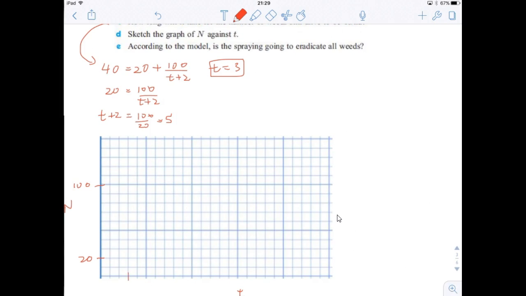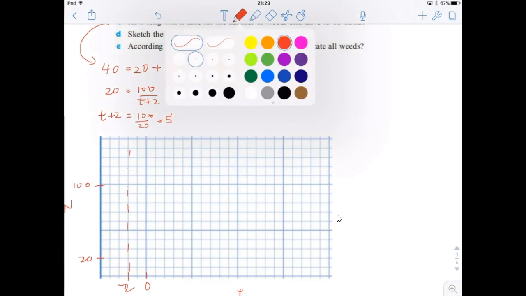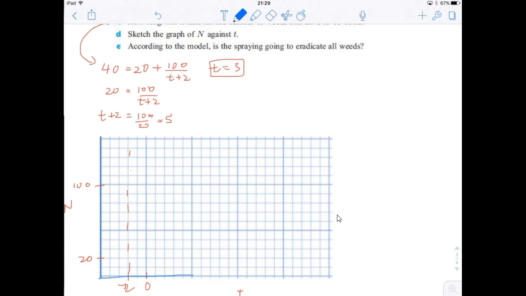So this is -2, and this is 0. And so this is our asymptote. And the x-axis is here, and the y-axis is here. So actually, let me move my marks to here.